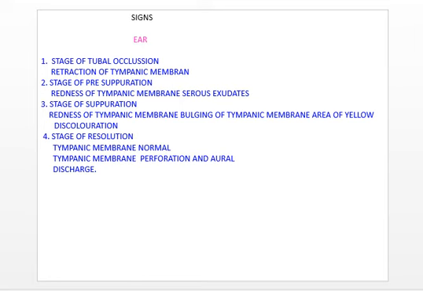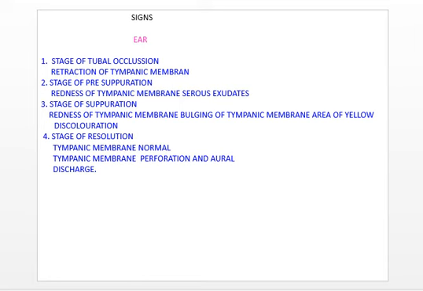This is the stage at which the patient will feel real pain, which goes on increasing until there is perforation of the drum. The patient will also have temperature at this stage. Temperature initially might be mild, but at this stage the patient will have moderately high temperature, maybe 102, 103, 104.